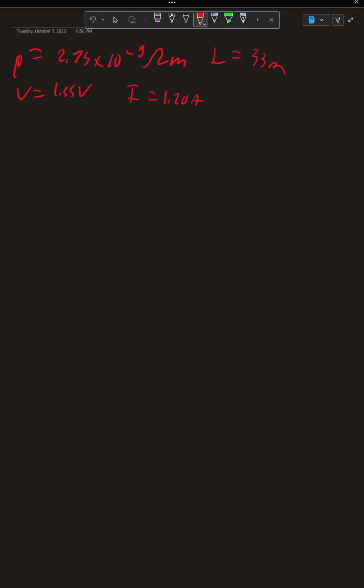It's asking to find the electric field magnitude. To find it, we have length and we have volts. So we can just use a simple formula where volts equals electric field times length.